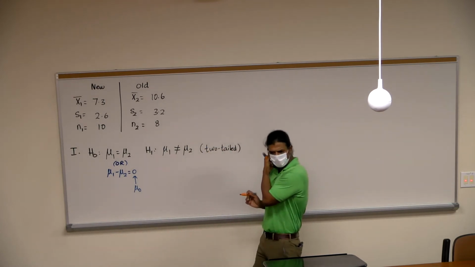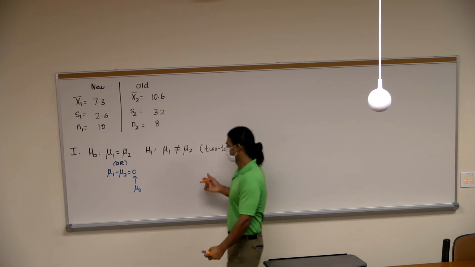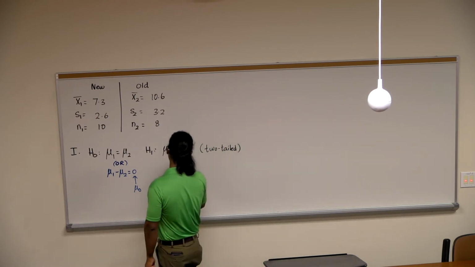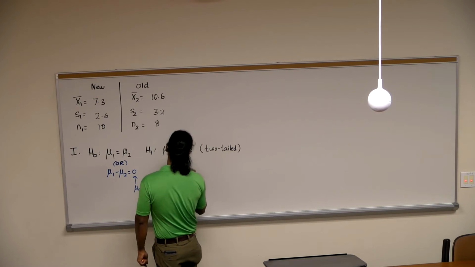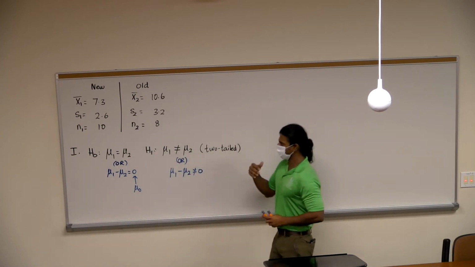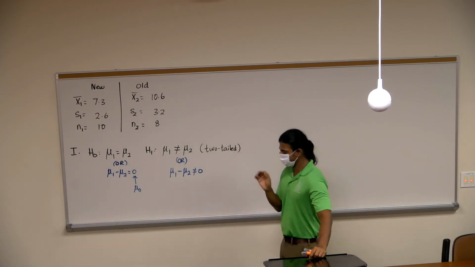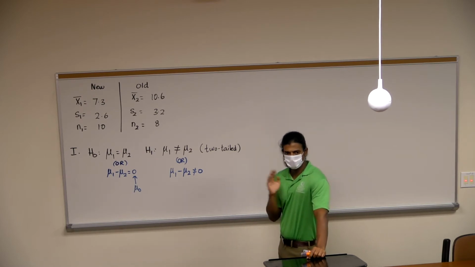The typical value of mu naught is oftentimes 0, but it could be other numbers also. What do I mean by that? If in the question they said the difference in means is not equal to 10, then what do you think mu naught would be?